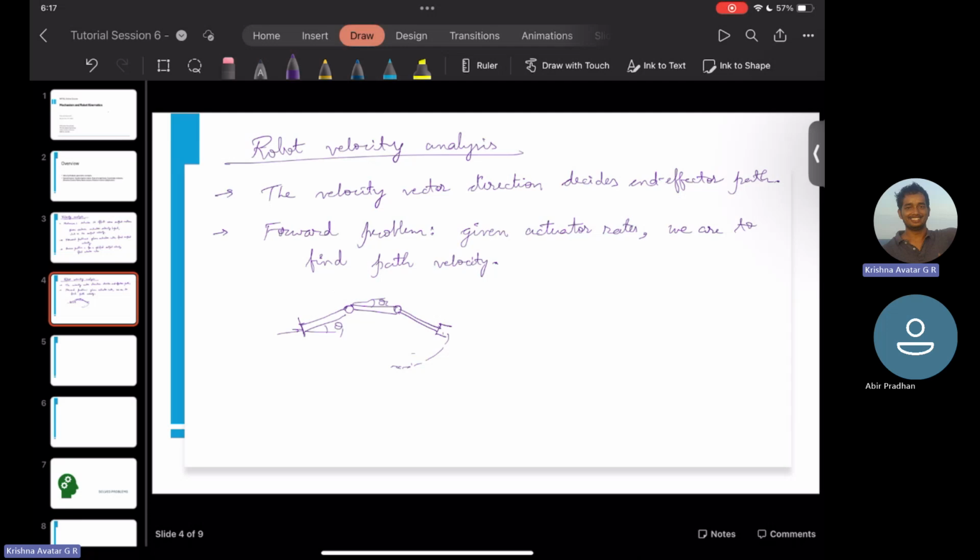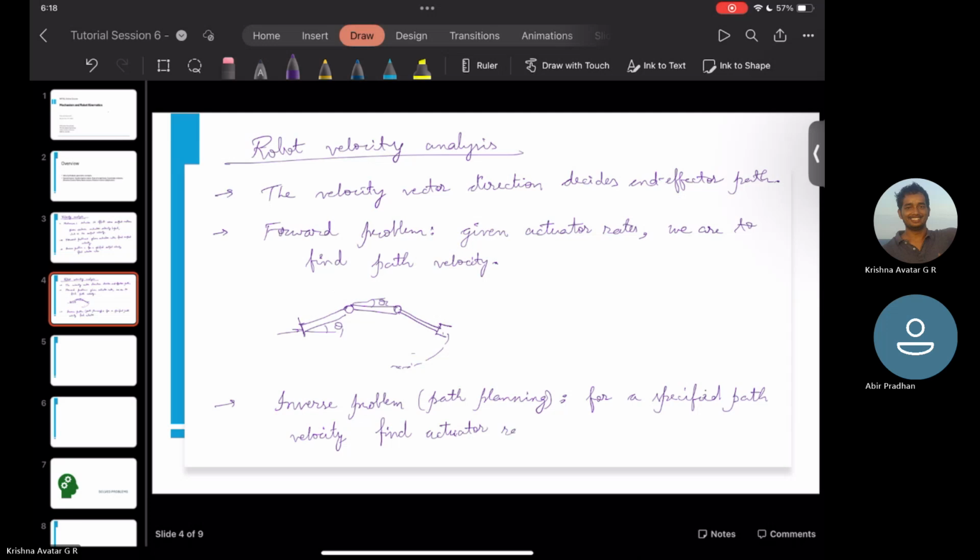In the inverse problem, which is actually a major part of what we do in robotics, called path planning, the idea is that for a specified path velocity, find the actuator rates.